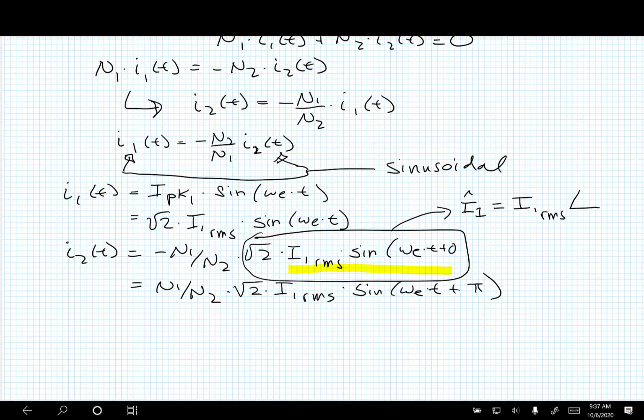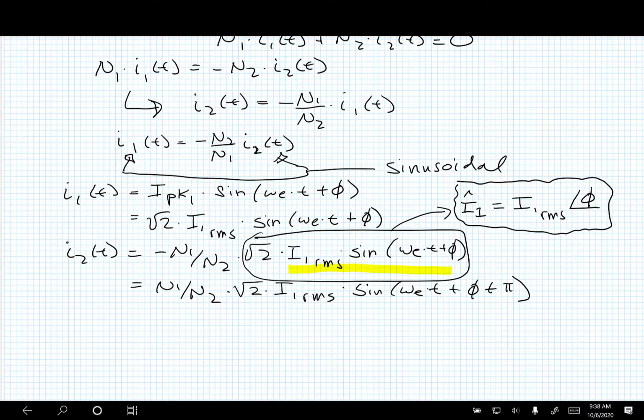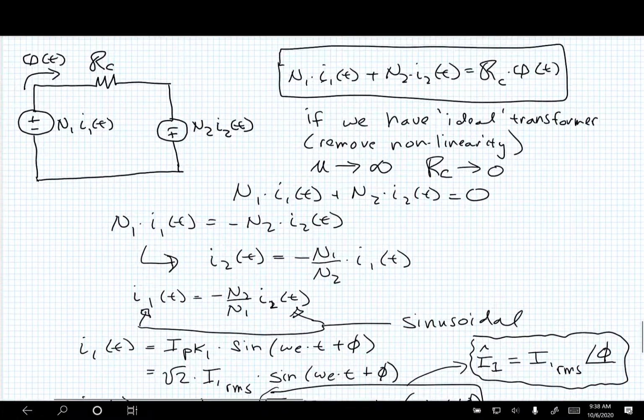There's probably a power factor angle also, so I'm going to go back and add that in here. Okay, so we're going to get to the point where we're going to be using these things. I don't like the negative.